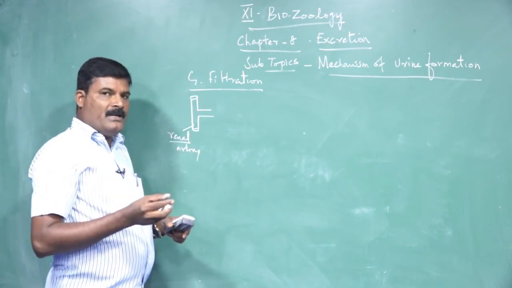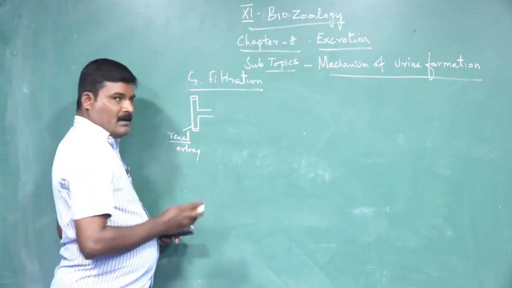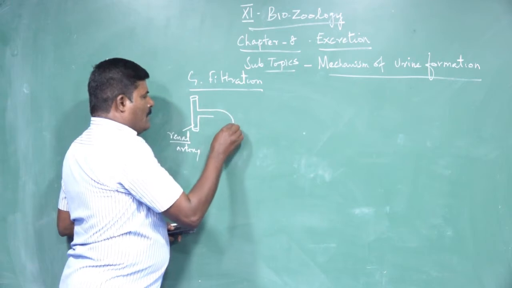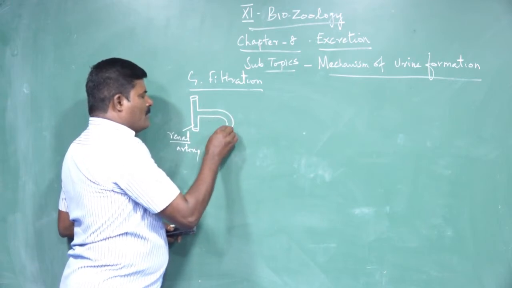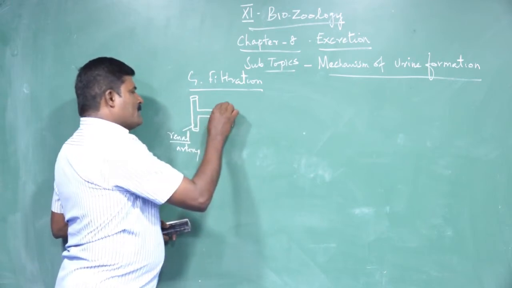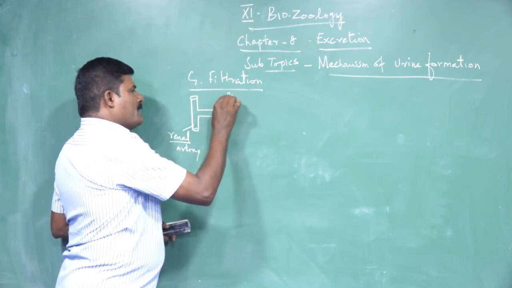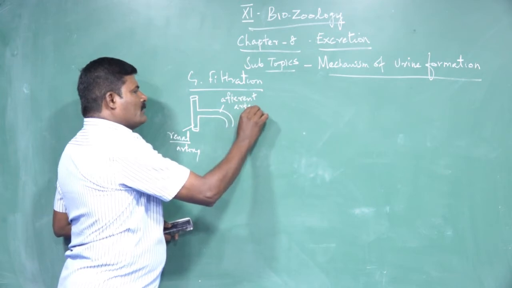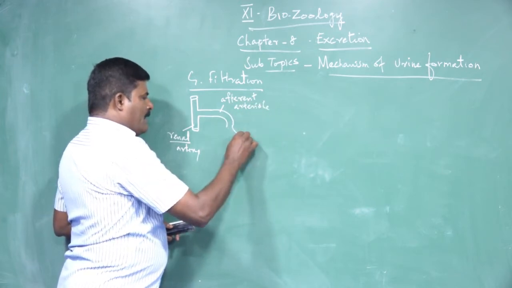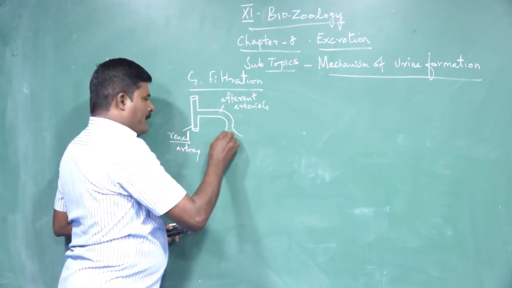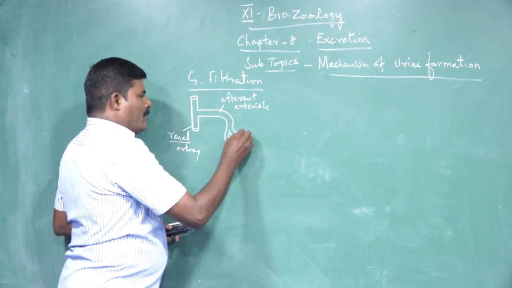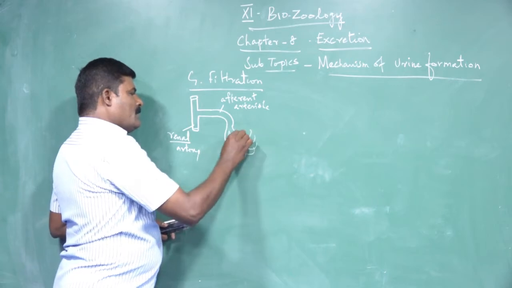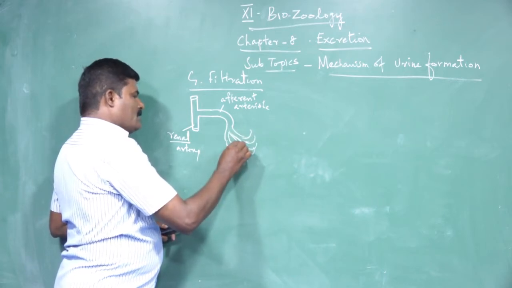Once the blood enters the nephron, it forms the afferent arteriole, and from the afferent arteriole it forms the glomerulus. Several glomerular structures are formed.